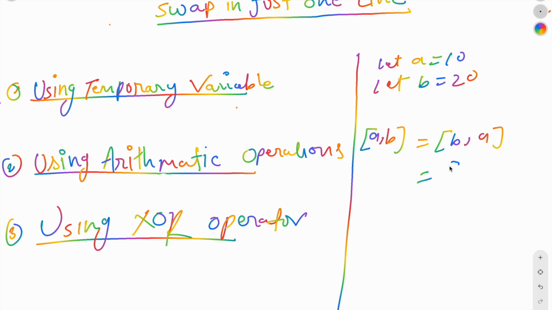Here you will see 20 and 10. I am holding the value of index 0 in a and index 1 in b, so 20 is going to a and 10 is going to b. If you consolidate, you will see that a and b are swapped.